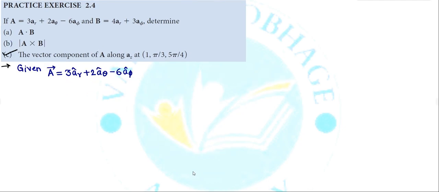We are given vector A, which is expressed in terms of its spherical coordinate system that we have earlier discussed. I have written it for you and assigned an equation number to this one in case we have to make use of it. So I am going to say this is equation 1. Now here in part C of the numerical, they have asked for the vector component of vector A, which is in its spherical form, along AZ.